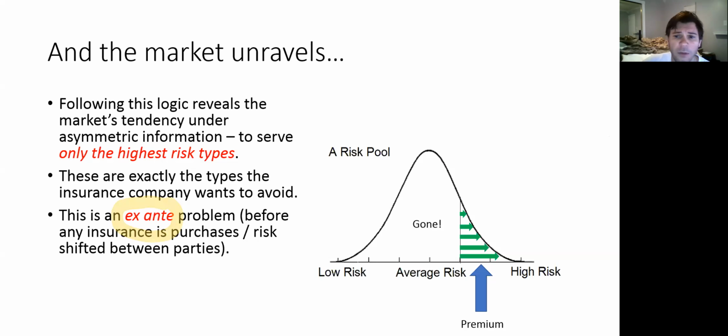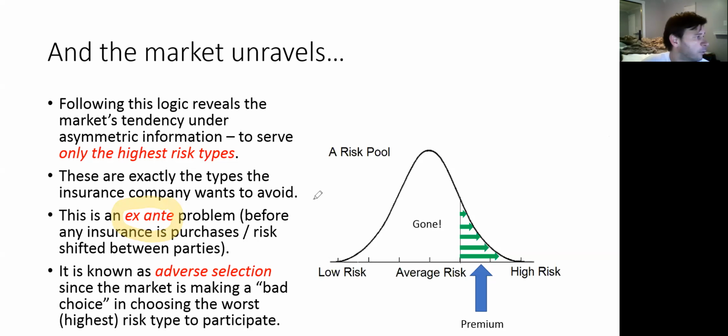So again, this problem is referred to as adverse selection, and it literally means bad choice. The market is choosing the least attractive risk type to participate, right? Only the high risk type is going to wind up inside that insurance pool if the low types are able to leave.